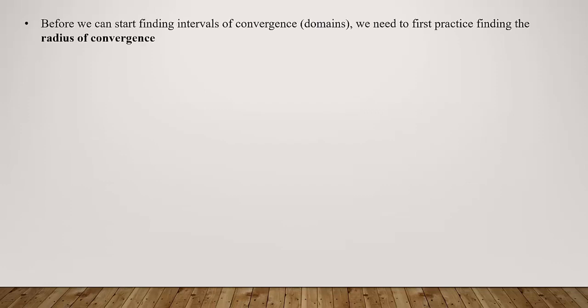But folks, before we start finding an interval of convergence or a domain, we need to first practice finding the radius of convergence. The radius of convergence is necessary in order for us to find the interval of convergence or the domain. And an old dear friend of ours, the ratio test, is going to be very, very helpful in this endeavor.